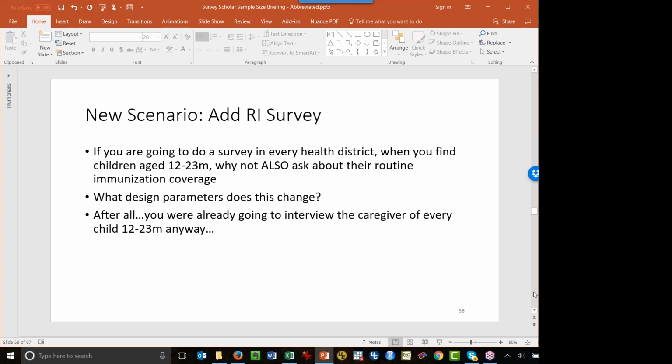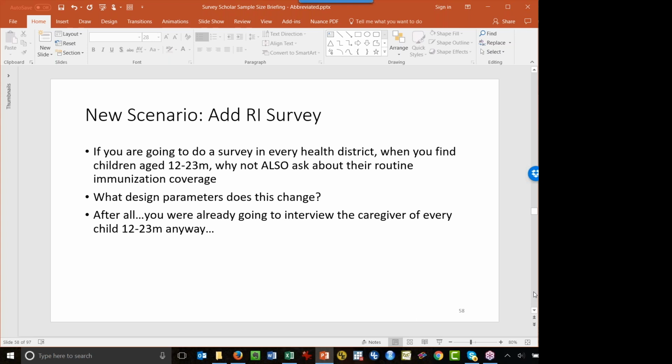So could you also maybe, in addition to asking, was this child vaccinated in the recent measles campaign, spend just a few extra minutes and also ask about their routine immunization coverage? Could you ask to see their routine immunization card? Could you write down the information from the card, and we can calculate not only campaign coverage, maybe we can calculate routine immunization coverage.